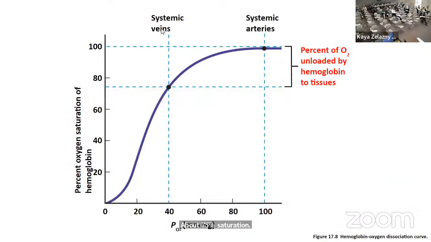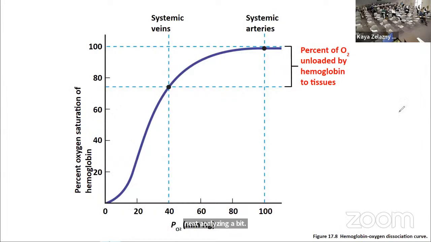So here's the curve I was talking about. We're going to be analyzing a bit. Okay. So what this is showing us, this isn't a time scale. This is showing us a relationship between the partial pressure of oxygen and how saturated our hemoglobin is. So this is the percent saturation.